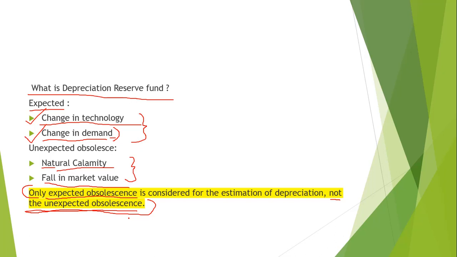We don't know when an unexpected calamity can come, but expected obsolescence, we know that it is bound to come. So the reserve fund basically values for expected obsolescence, or we value depreciation under the expected obsolescence and not under the unexpected obsolescence.